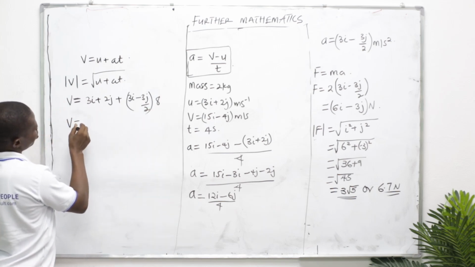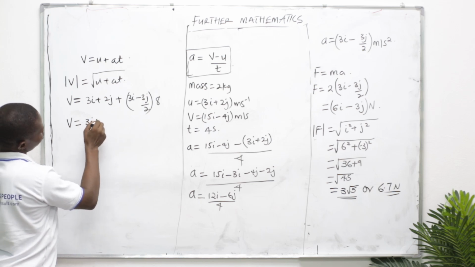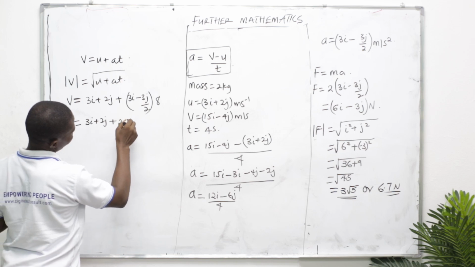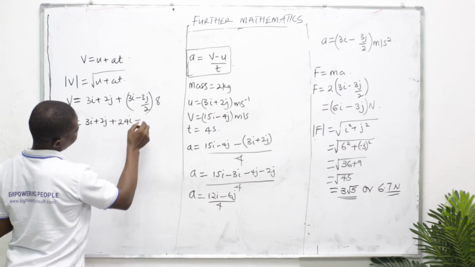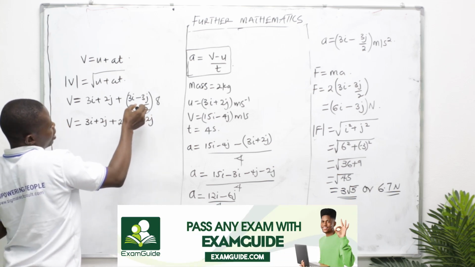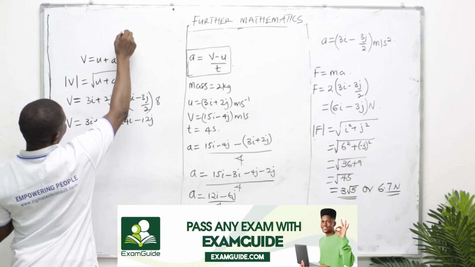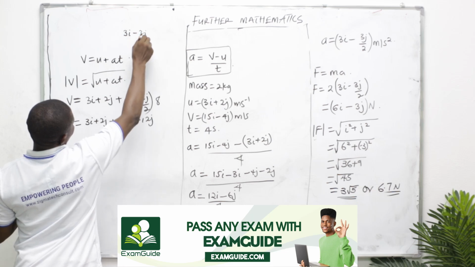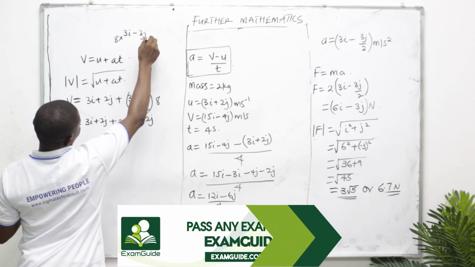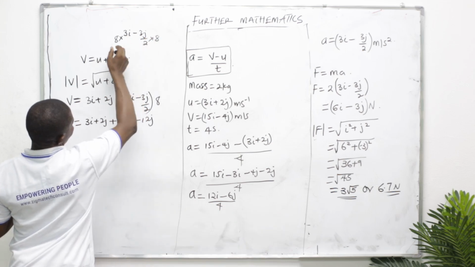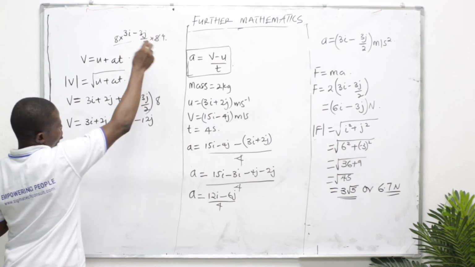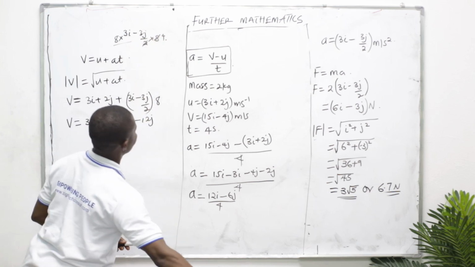So V equals 3i plus 2j plus 24i minus 12j. That is, if I expand this, 3i minus 3j all over 2, multiply both by 8, this is 4, 4 times 3 is 12, 4 times 3 is 12. That is the minus 12j.